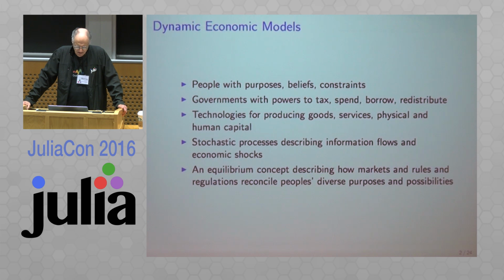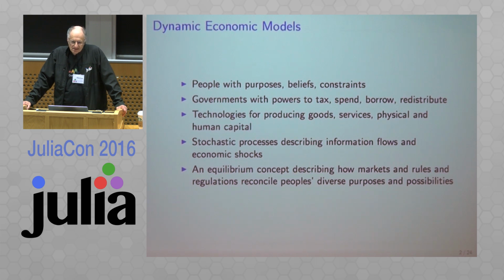Then there's going to be governments. Actually, they're going to be people or collections of people too. And they're going to have powers to tax, to spend, to borrow, and to redistribute in this little artificial mathematical world we're going to invent.